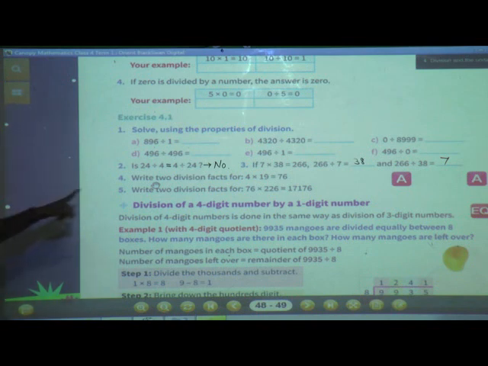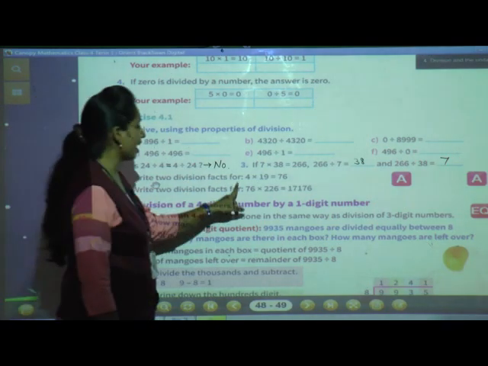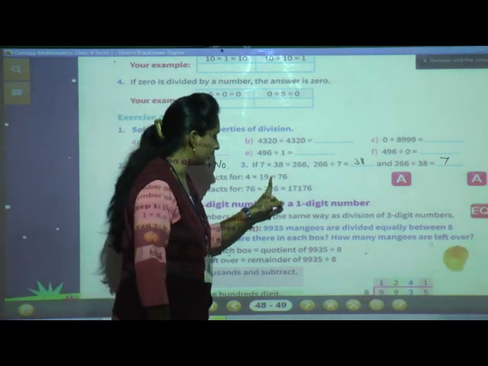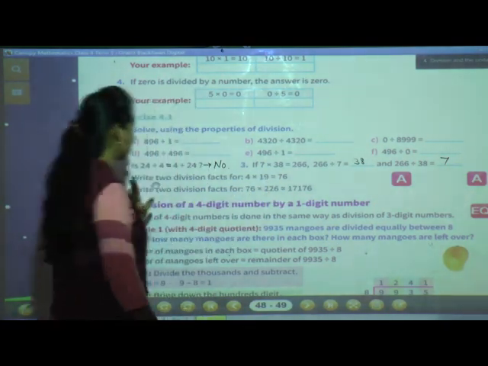What is the fourth question? Write two division facts for 4 multiplied by 19 is equal to 76.